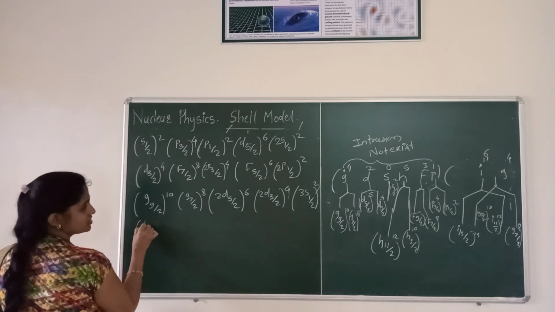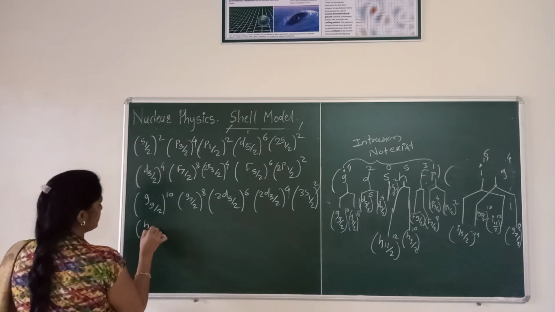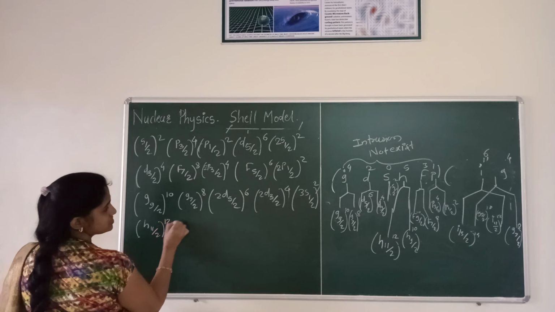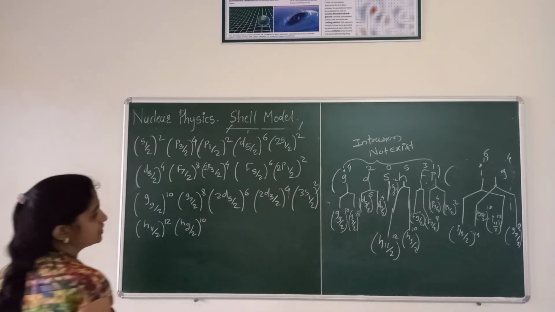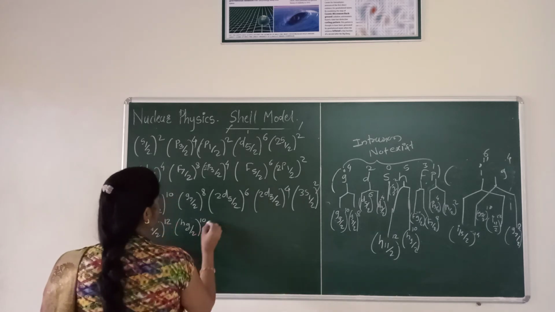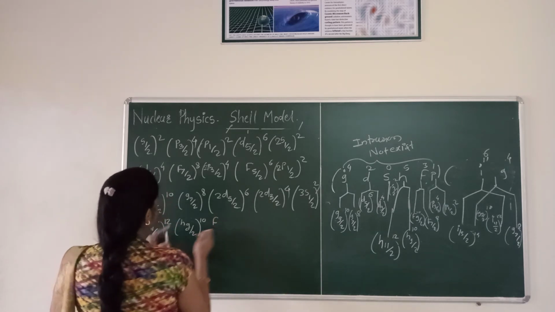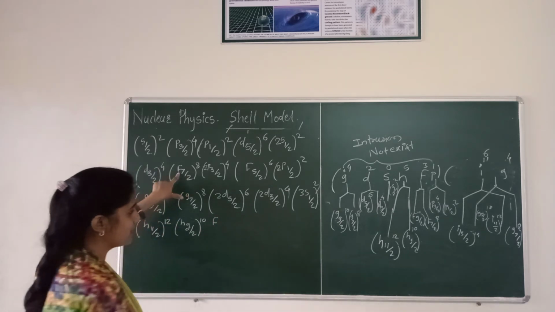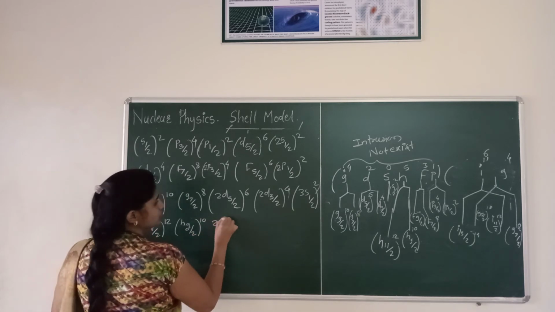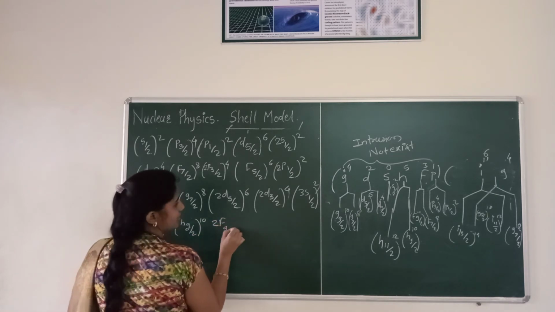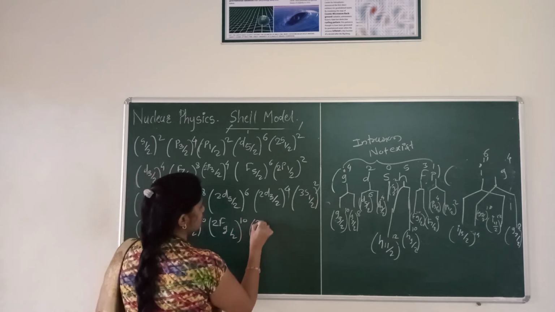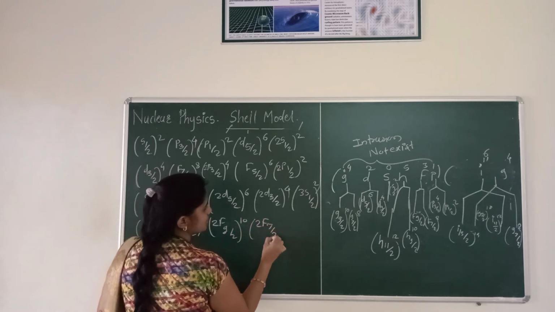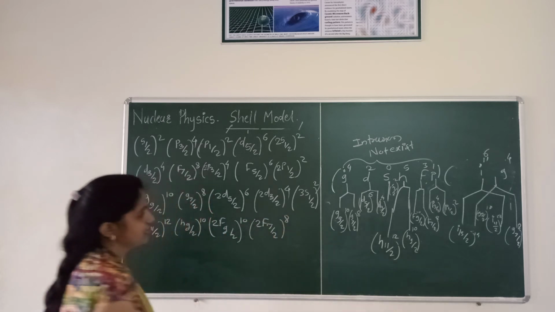Now for the H 11/2, it contains 12 terms. H 9/2 contains 10 terms. Now for the F, F is also repeated. That's why 2F 9/2 will contain 10 terms. 2F 7/2 will contain 8 terms.